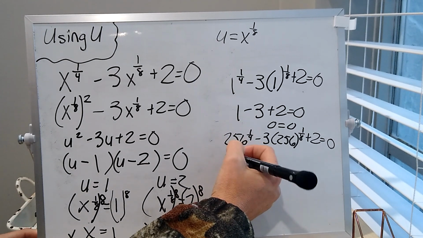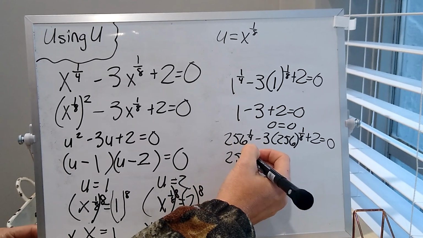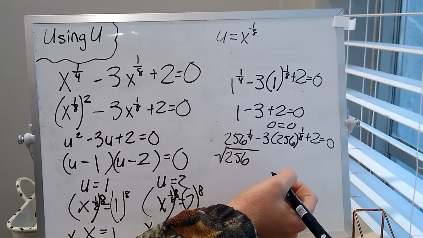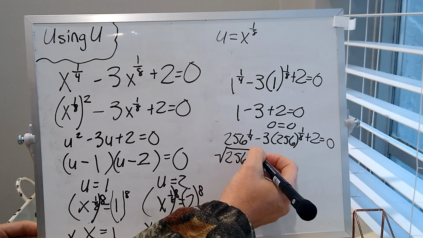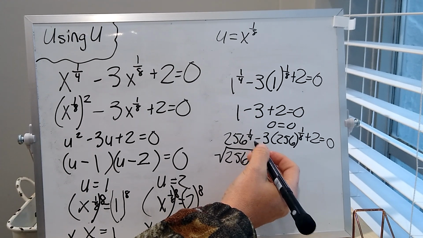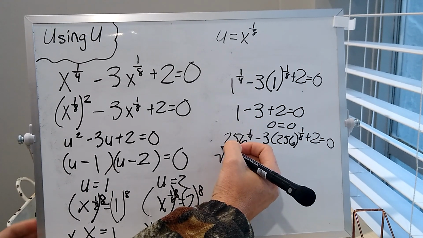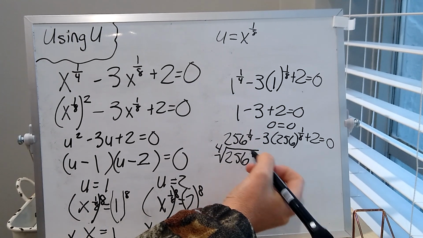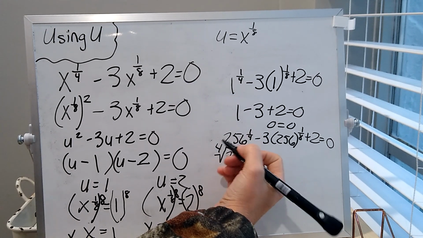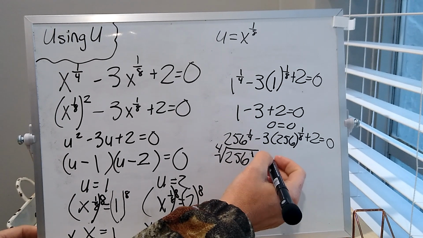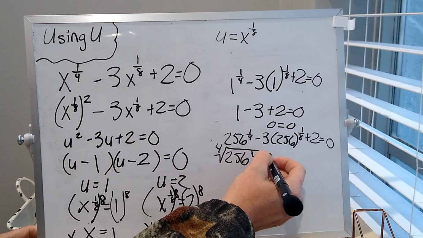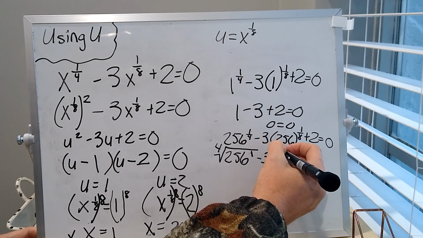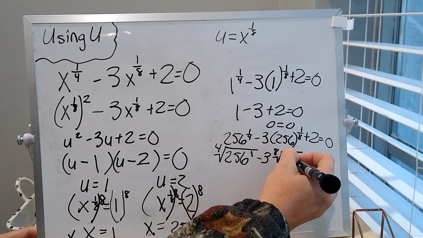So I'm going to change this 256 into a radical. My numerator is going to stay as an exponent, my denominator is going to be the index. If this helps, think: index has a D in it, denominator has a D in it.